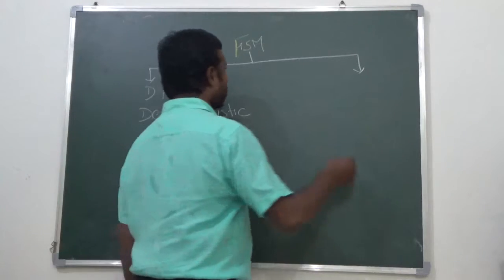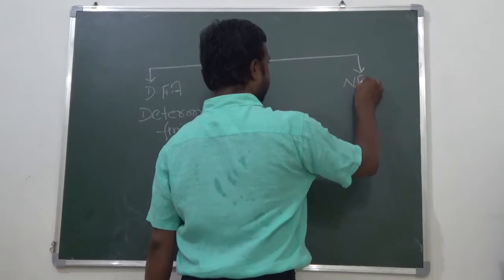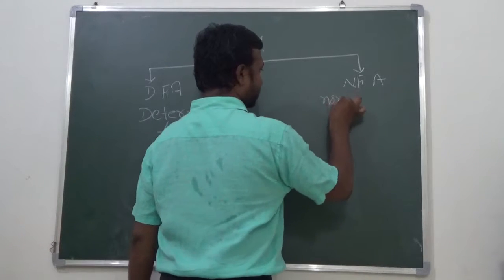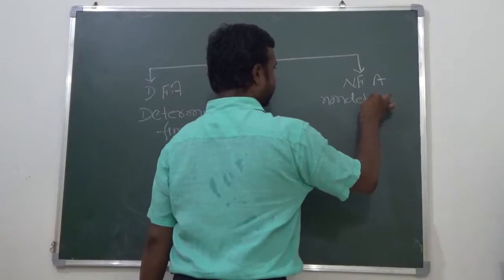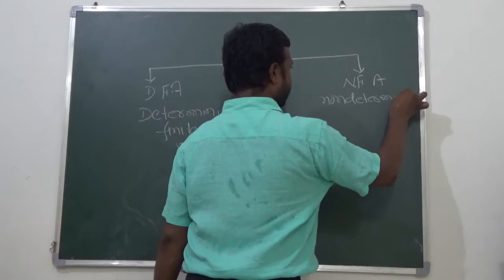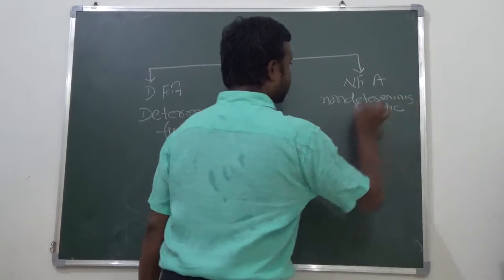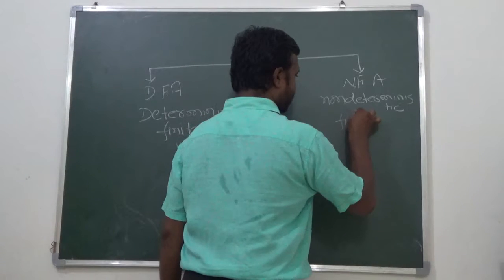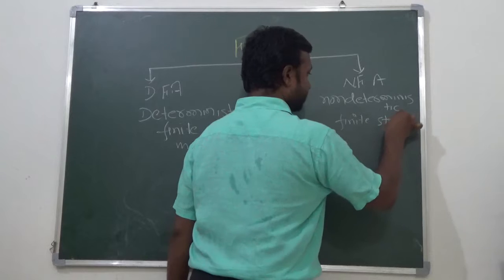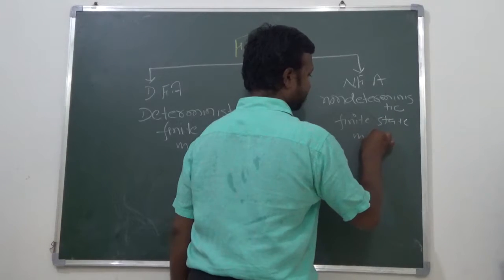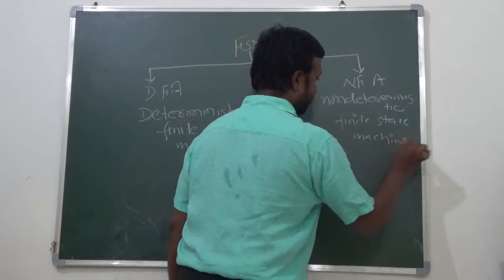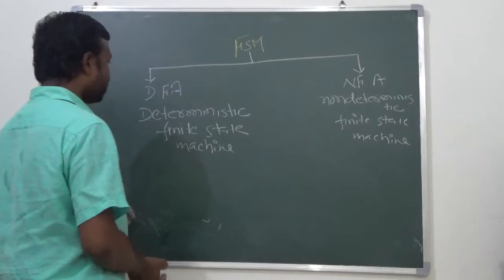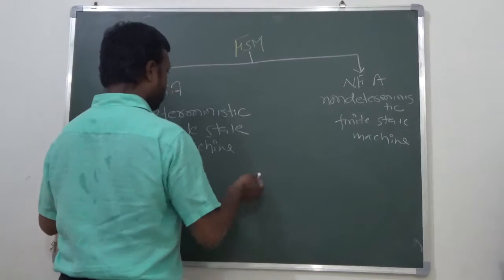The second is NFA, that is non-deterministic finite state machine. Okay, so finite state machine, sometimes it is called finite automaton.